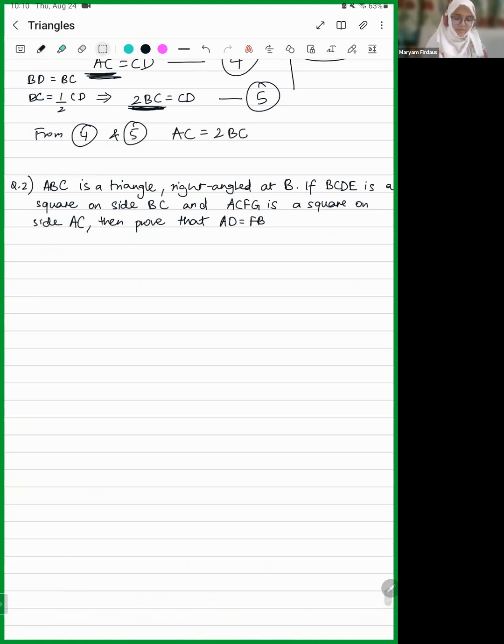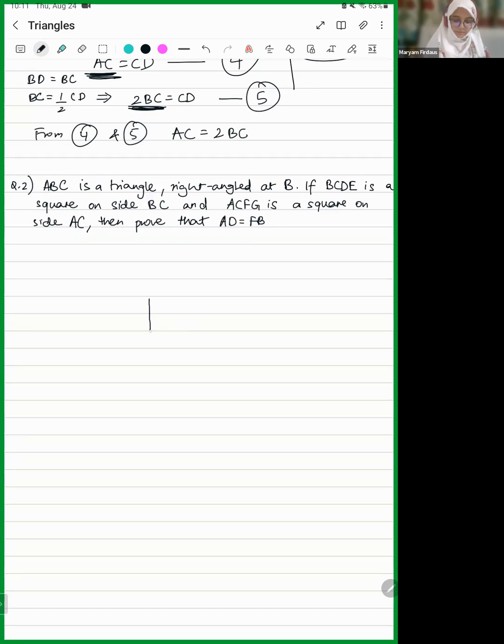So over here you have ABC is a triangle right angled at B. First let's draw it. Draw it a little towards the center of the page because this diagram is going to take some space. Draw a pretty small triangle, a little bit away from the margin of the page.